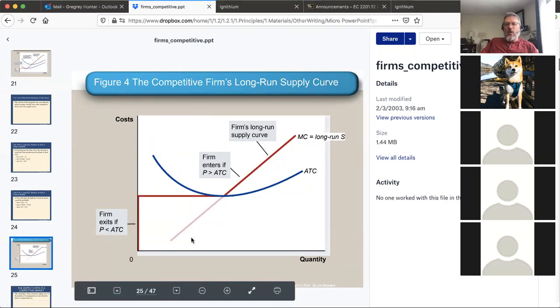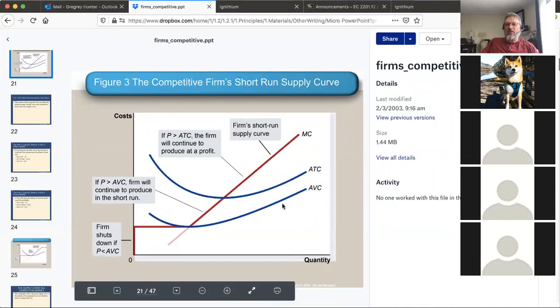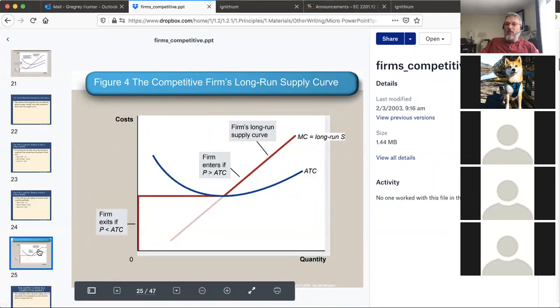The reason that's important is because this average total cost curve illustrated in this diagram, you might think is the same average total cost curve that you see in this diagram of the short run, but it's not.